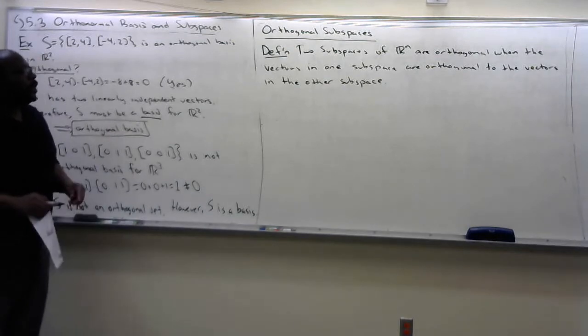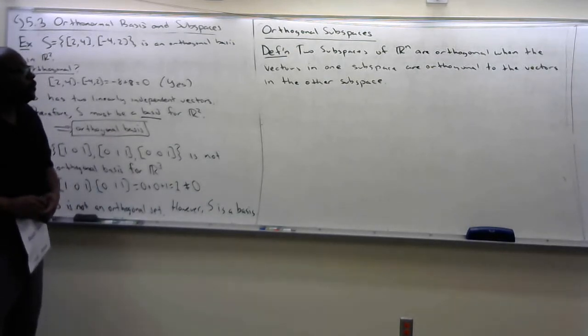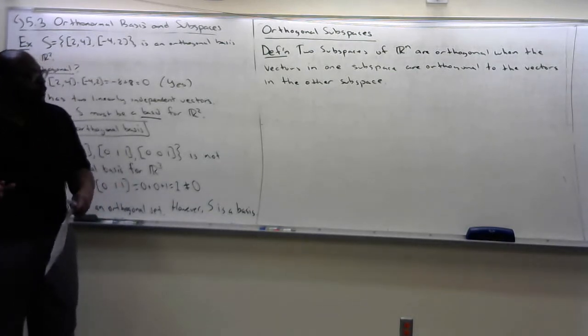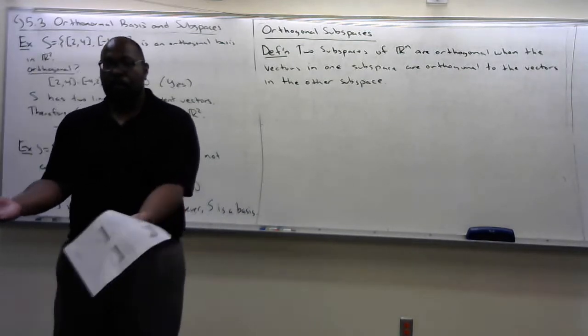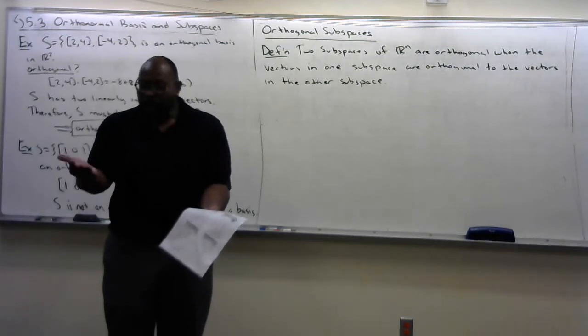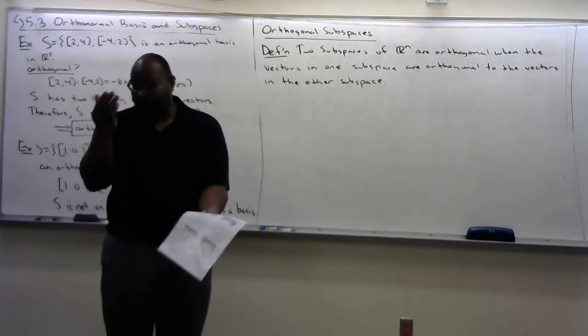So here we say that two subspaces are orthogonal when the vectors in one subspace are orthogonal to the vectors in the other subspace. So I have two subspaces, and we can just look at the basis vectors.